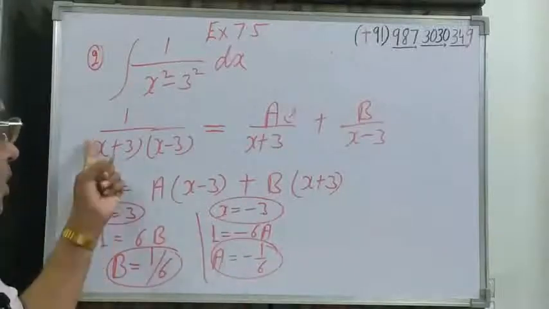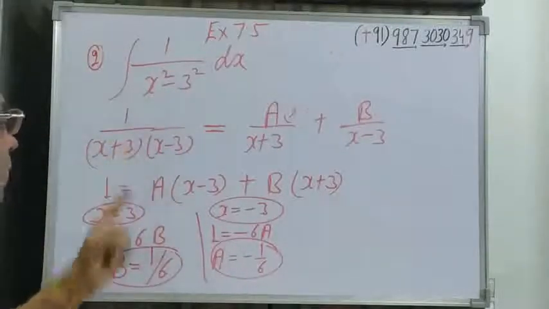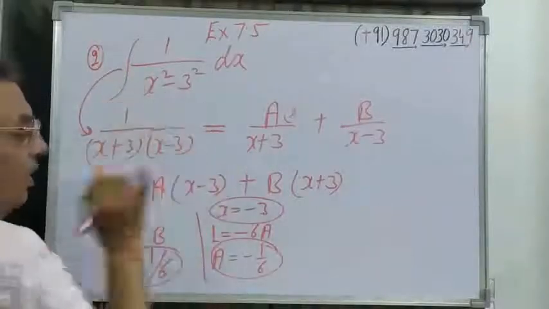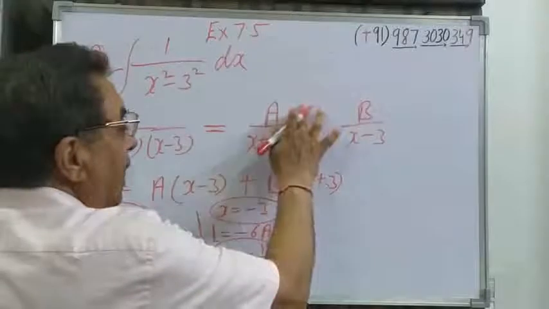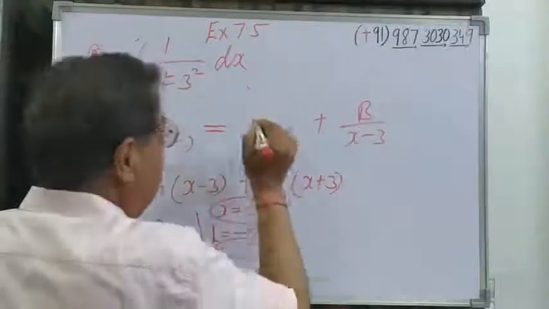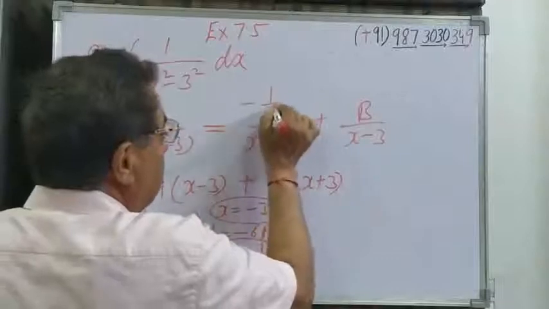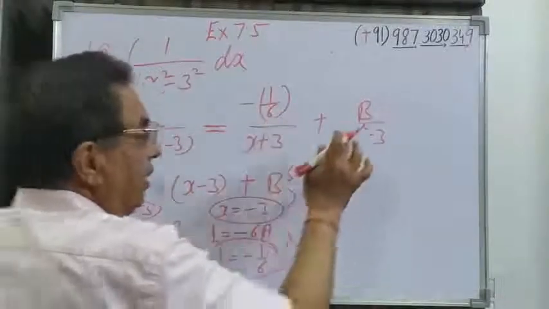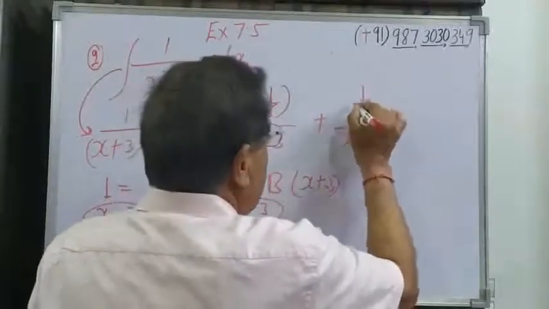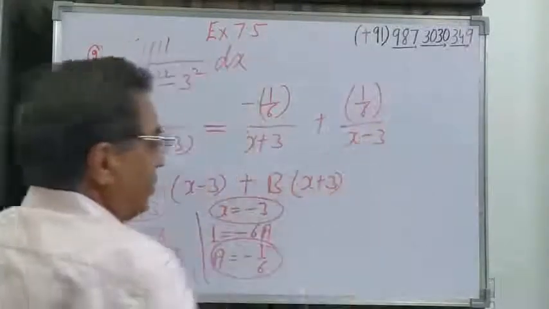So now this question is the same one. When I resolve into partial fractions, instead of a we can write minus 1 by 6, and instead of b we can write plus 1 by 6.